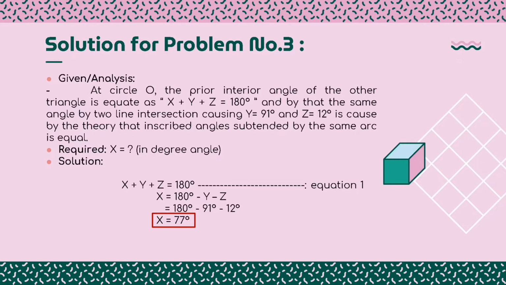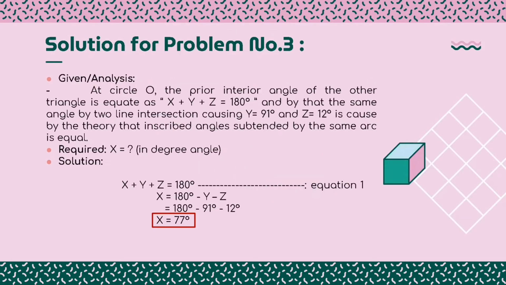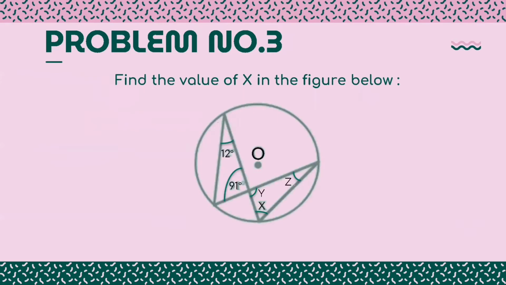So for our solution, we have x plus y plus z is equal to 180 degrees. Now, based on equation 1, we know that 180 degrees is the total angle. So we can just subtract these two angles from 180 degrees.